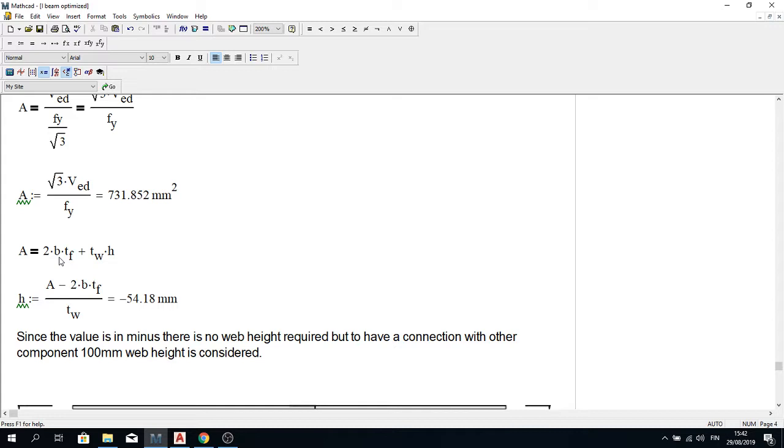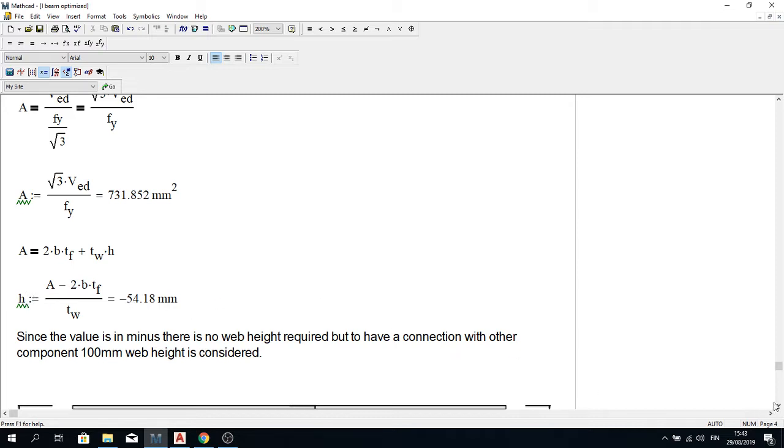And in this equation, I'm interested in height of the web, because I'm not going to optimize the breadth of the flanges, because that would be very complicated to manufacture. So that is why I'm just optimizing the height of the web.